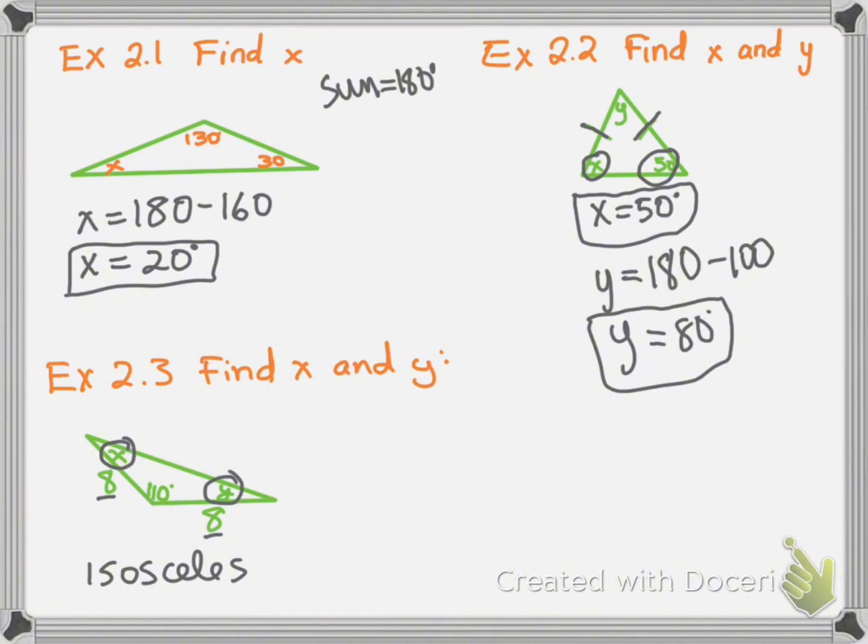Now they're both unknown, but we can find them because we know that 180 minus 110 is going to equal x plus y. Now x plus y is the same, so I can actually just divide by 2. So this is going to be 70 divided by 2 equals x and equals y, which is 35.